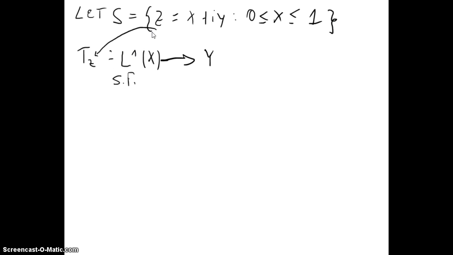So suppose that for each z in S we have a linear operator Tz defined on the space of simple functions in L1(X). Okay, so it goes into measurable functions on Y.